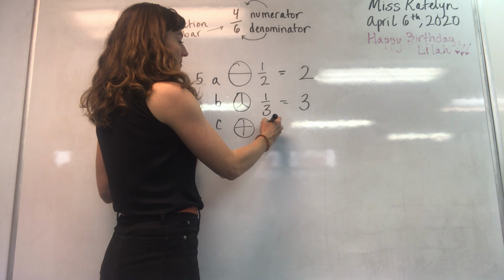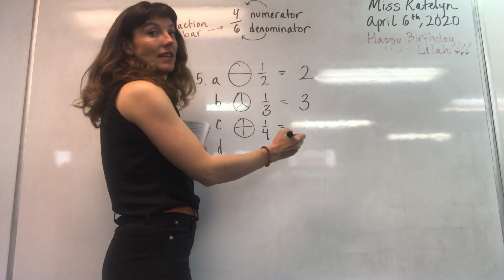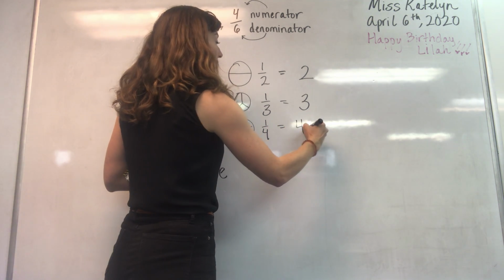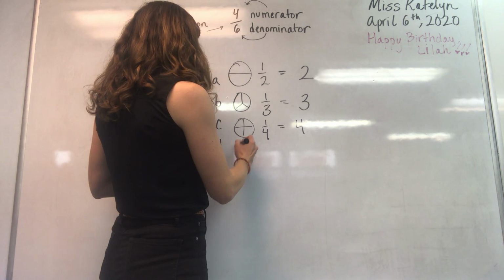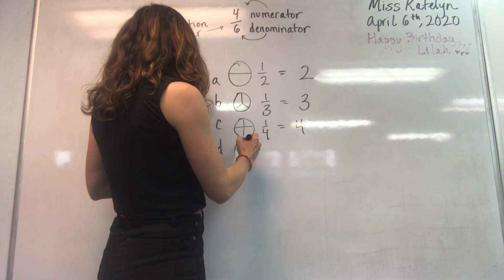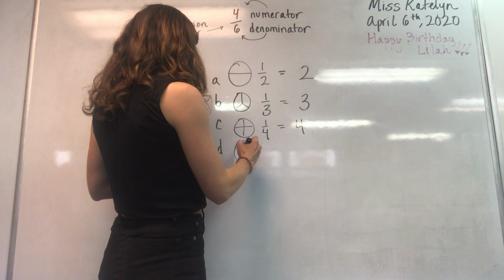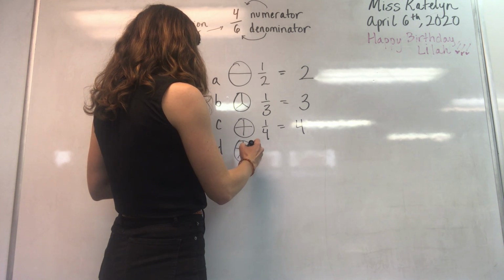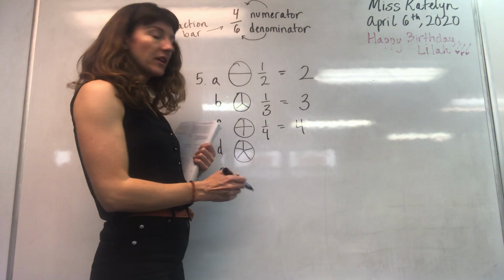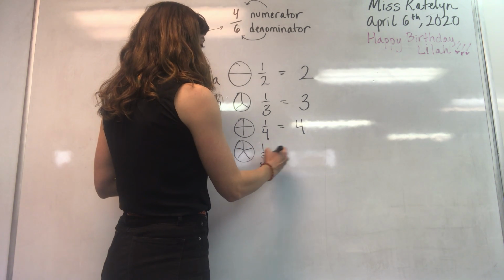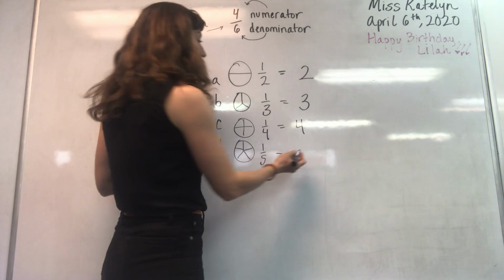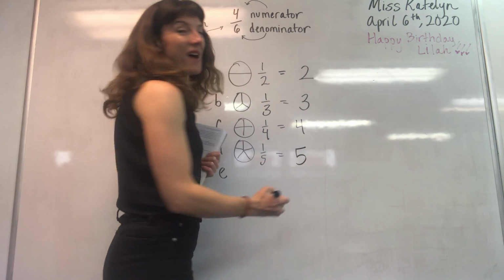You can look at the denominator, 4, and then you can write the number 4, okay? And fifths, fifths is a difficult fraction. It's like putting a star in the circle. 1, 2, 3, 4, 5. The denominator is 5. So the answer is 5.